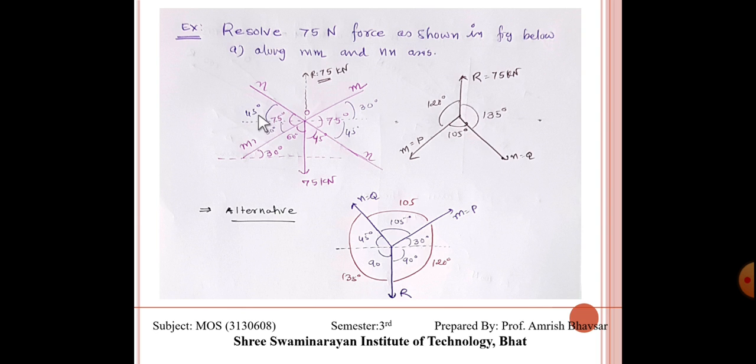So, opposite of this is 45 and this is again 45. Here it is 60, so this is 30. So, this is 30 and here it is 60. Now, we can calculate 60 plus 45, so it is 105. From here to here, what will we get? 120, and here 135 degrees.